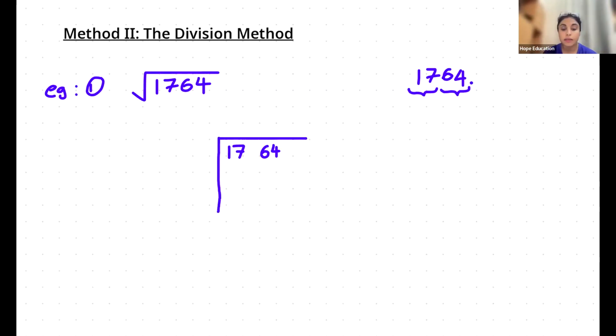Up to that point, is it clear? Because this is a bit complicated, we have to make sure that we understand step by step. We took the number and, from the decimal point going forward, broke the digits into pairs. Okay, now this is my next step.